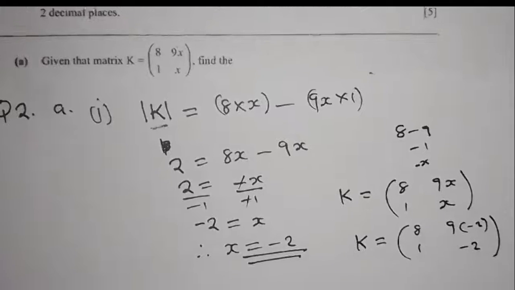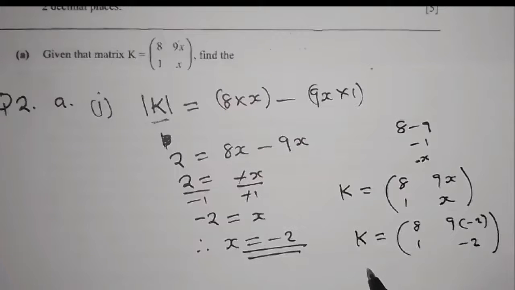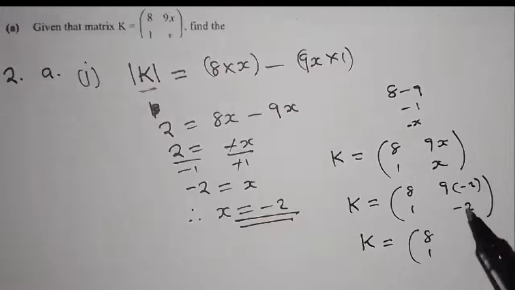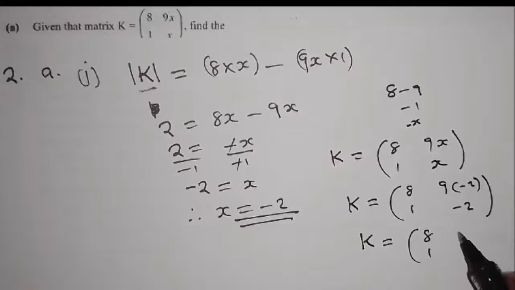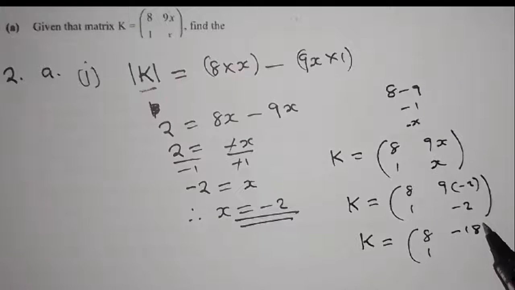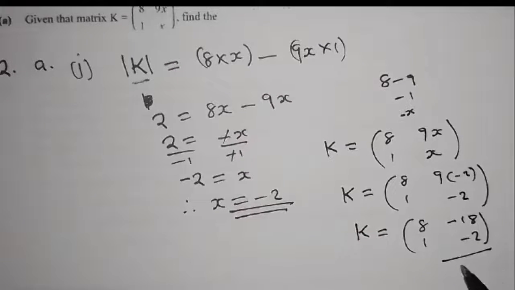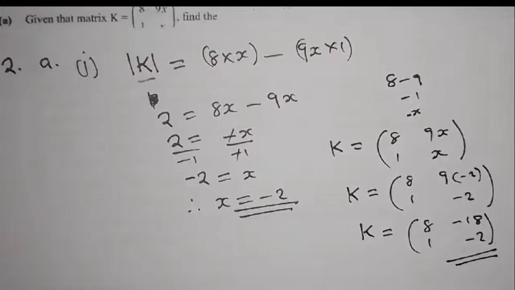I'm just replacing to see the original matrix, the way it looked. So this is going to be 8, 1, 8, 1. So 9 times negative 2 is negative 18, then negative 2. Okay, so this is the original matrix.